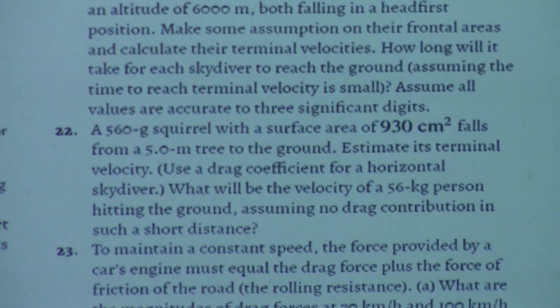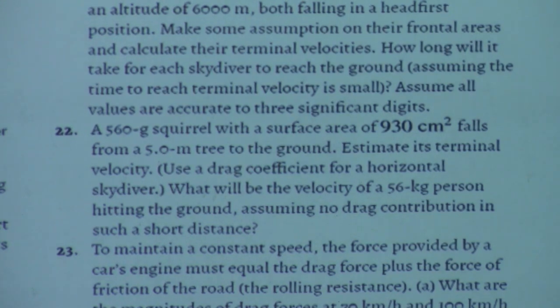Okay. So, 560 gram squirrel with a surface area of 930 square centimeters. Oh. Now the warning light's going on in my head. Because the base unit for area would be square meters, and this is square centimeters.